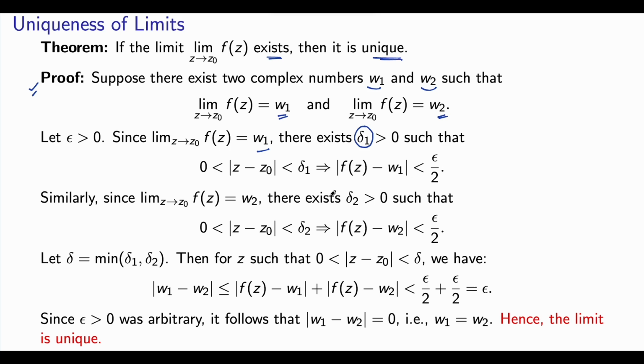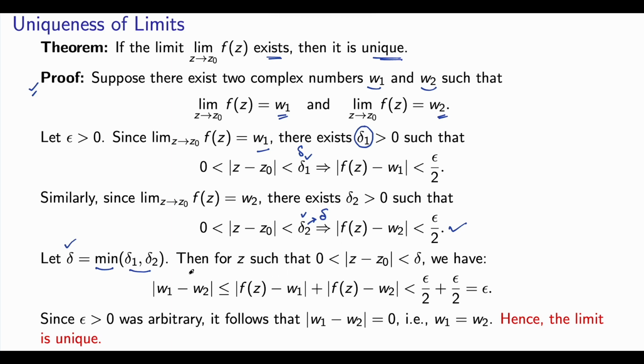Similarly, it will also give you modulus of f(z) minus w2 less than epsilon by 2. Now we are going to choose the minimum of delta 1 and delta 2, that works for both. So if I replace delta 1 and delta 2 by delta, the result still holds true.